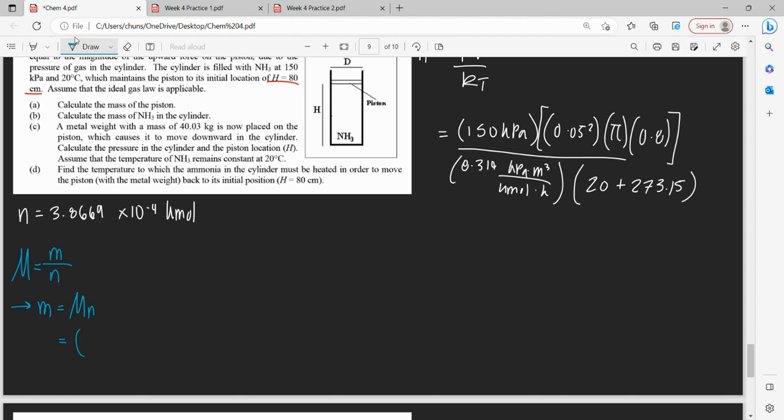So the molar mass of ammonia is going to be 14.01 for our N plus 3.03 for our 3 hydrogen, and this gives 17.04 in our units kilograms per kilomole. So this will give us an answer in kilograms, times our 3.8669 times 10 to the negative 4 kilomoles.